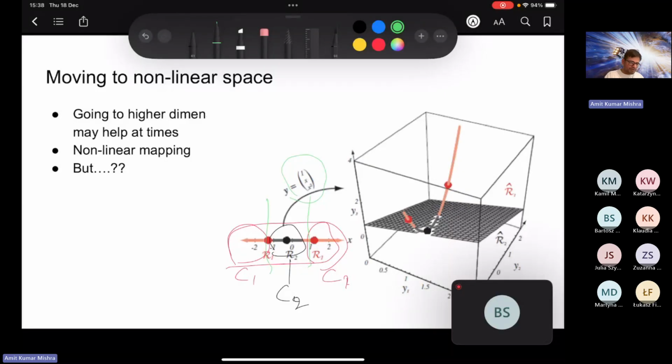When you plot or transfer this data into this new dimension, this is basically the same data, but you have passed it through a nonlinear transformation. Then the same line now looks like this. And in this new nonlinear mapping based space, a plane is able to separate the two classes.